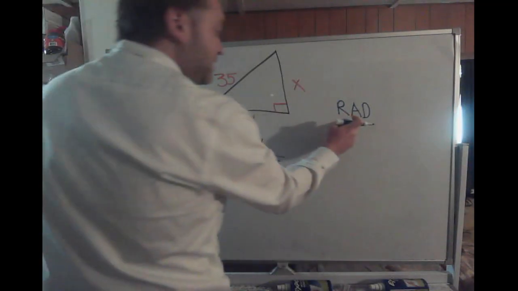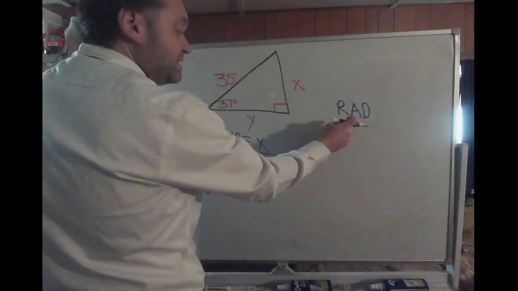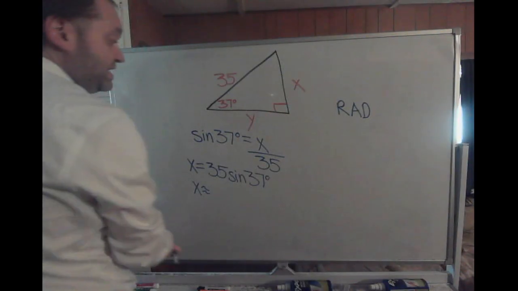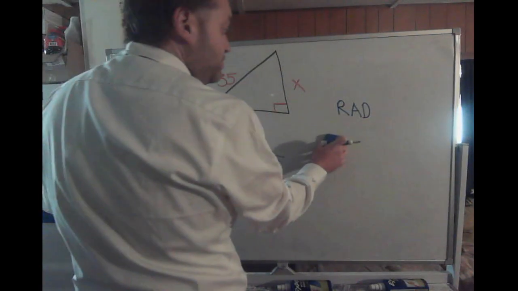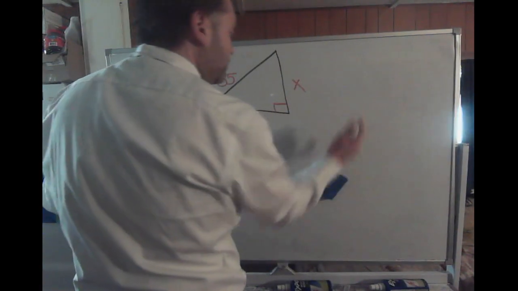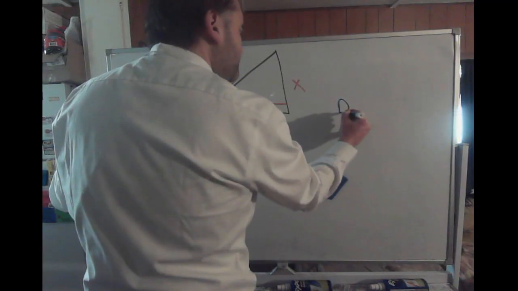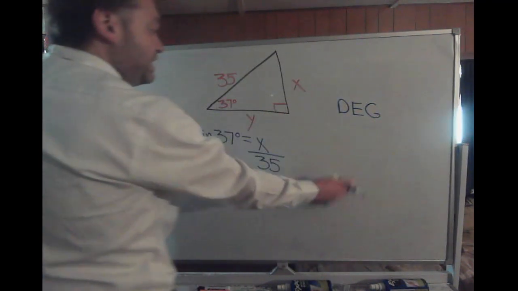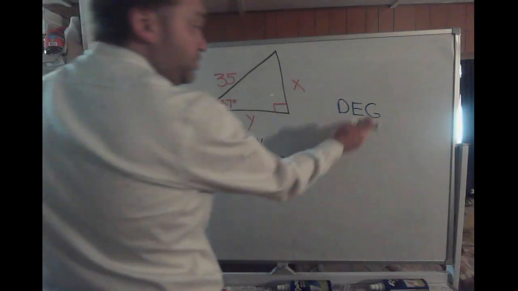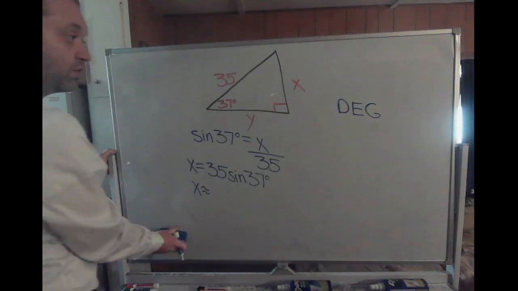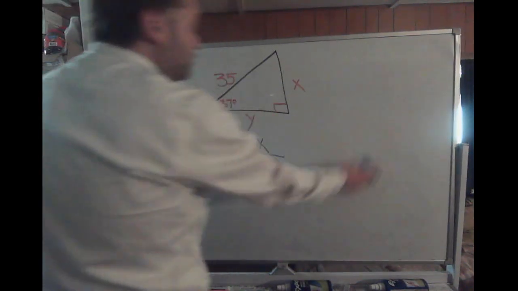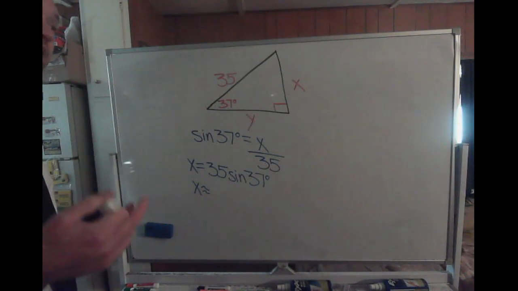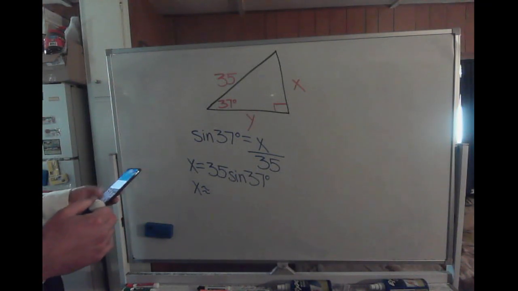If your calculator shows a button that says rad, R-A-D, that means you're currently in radians, so you need to hit the button to switch to degrees. If your calculator shows a button that says deg for degree, it means you're already in degrees, so you're good and you can leave it alone. Because if you use radians, you're going to get a completely different result, which will skew the results.